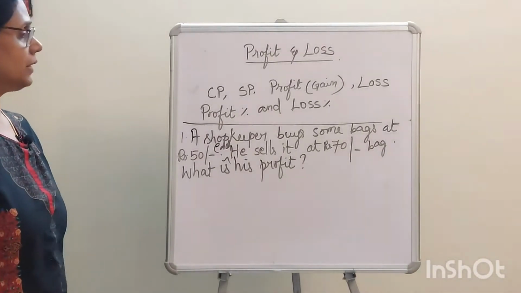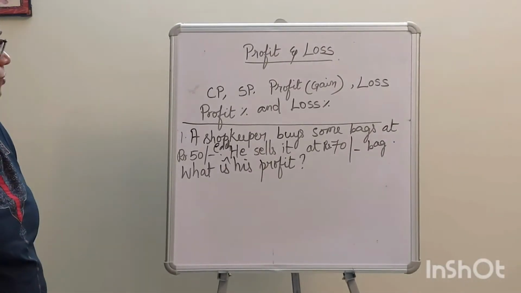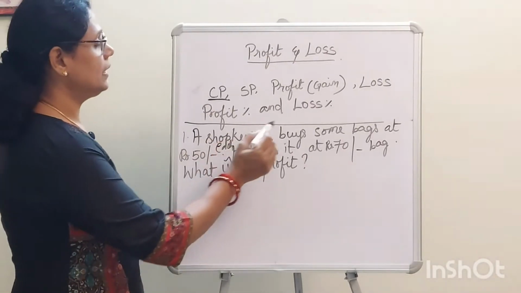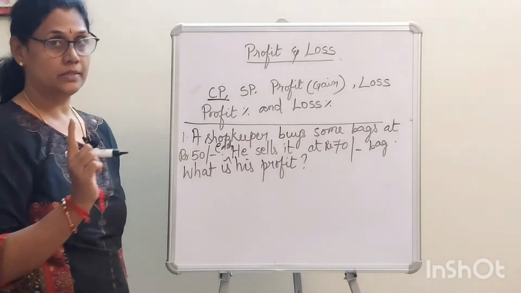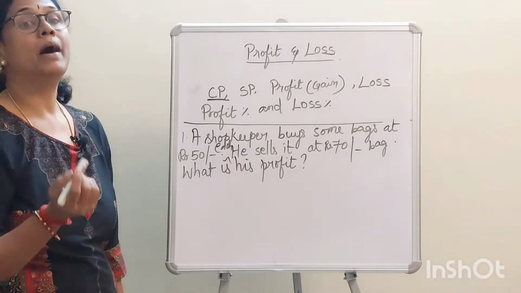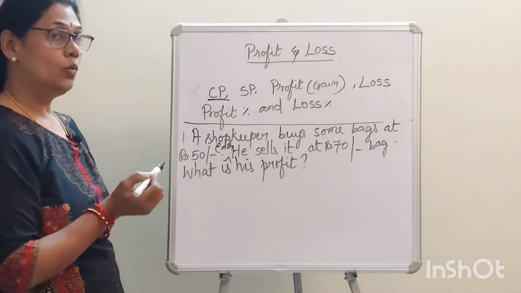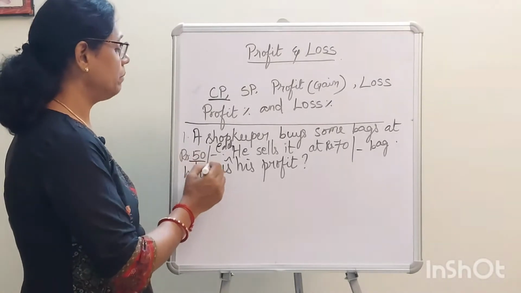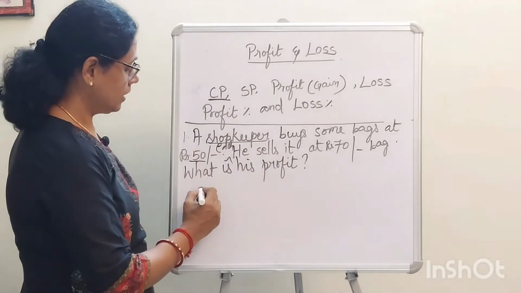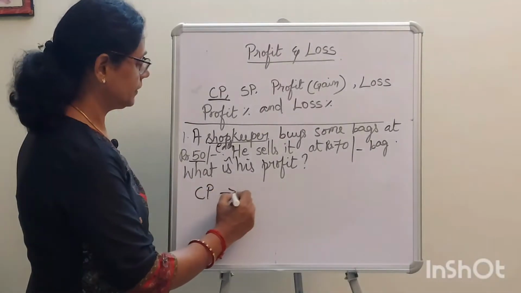If there is a problem like this, you should know what is the CP. Here the shopkeeper is buying the bag at 50 rupees, from a wholesale dealer or from a manufacturer. So this amount is paid by the shopkeeper. This is called the cost price.